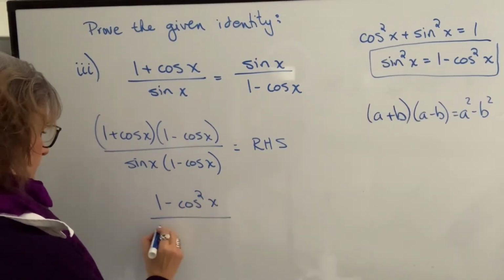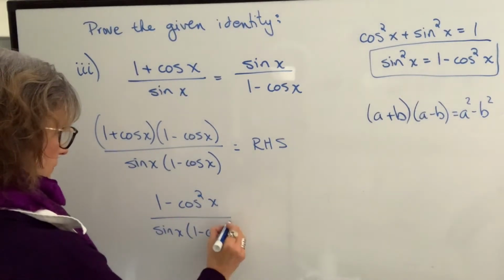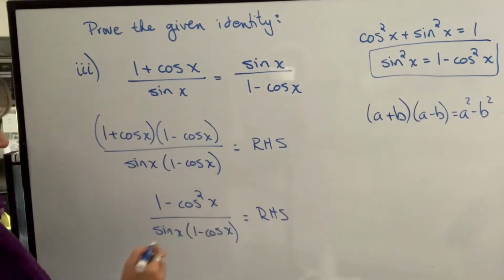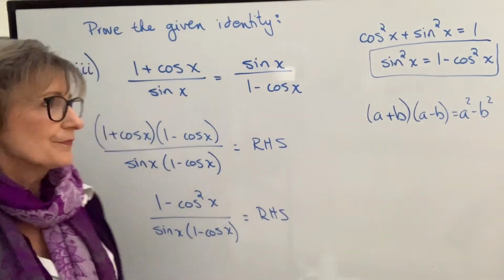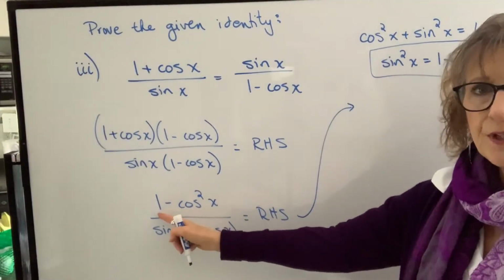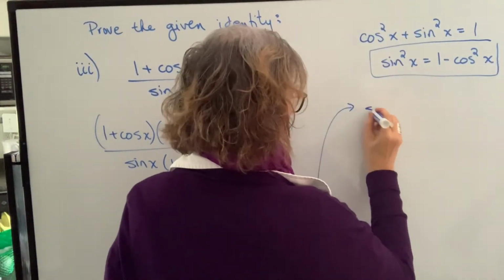Difference of squares. Resist the temptation here of canceling terms. You can't cancel terms, you can only cancel factors. And we don't have any common factors yet. I know that 1 minus cos squared x is equal to sine squared x.